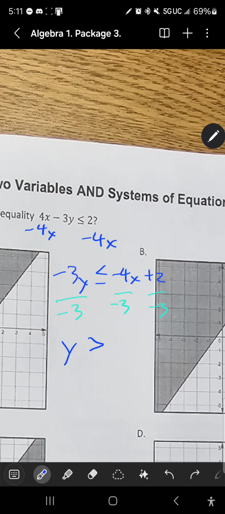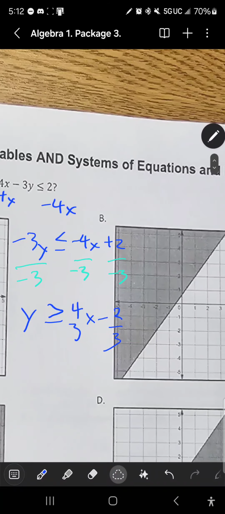So this will be greater than or equal instead of less than or equal. Negative 4 divided by negative 3, they have the same sign, so it cancels out, and we get 4 over 3 x. And then 2 divided by negative 3, different sign, so the negative is kept, and we get negative 2 over 3. So this is our final equation.